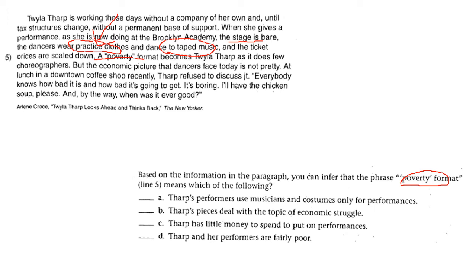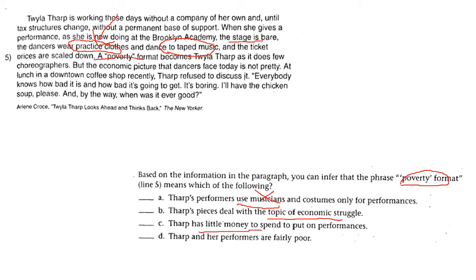Now, Tharp's performances use musicians is not true, because it says that they have taped music. Tharp's pieces deal with the topic of economic struggle. Well, their dance topic might not be about economic struggle. It's more about making a basic type of performance. She has little money to spend on the performances.